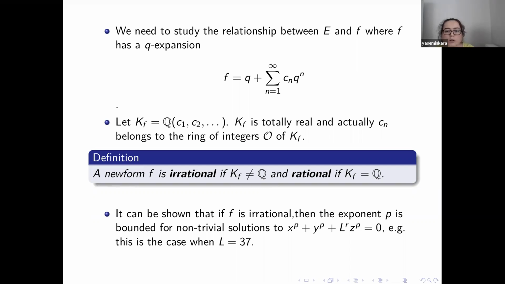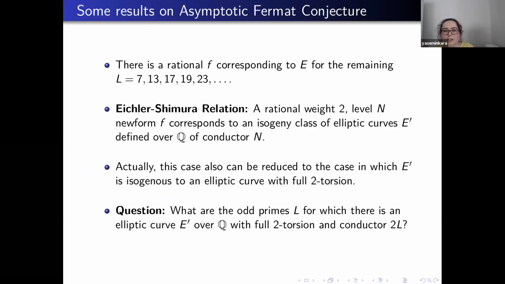So if F is irrational, because you find a bound for the exponent P, it doesn't matter anymore. But again, for all other L's, these F's are rational for the remaining cases. So you still don't get a contradiction.